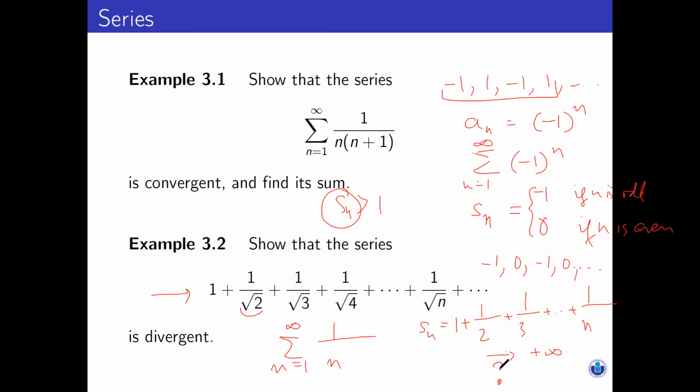So note that Sn is an increasing sequence, right? Because every time you increase n by 1, you add one more positive term into the sum. So the sequence Sn is increasing. And so to show that it goes to infinity, you just need to show that it can get arbitrarily large.